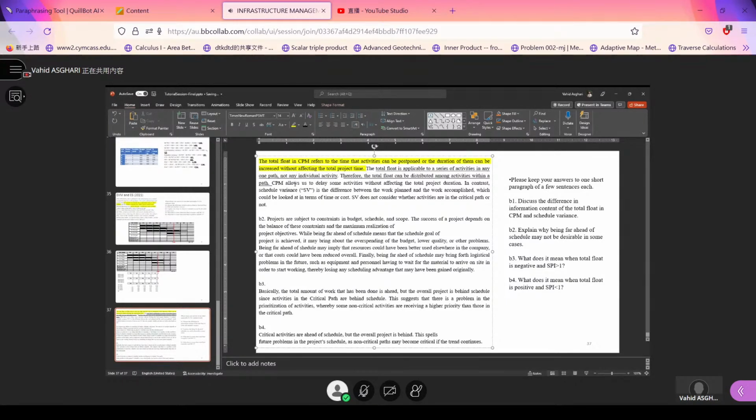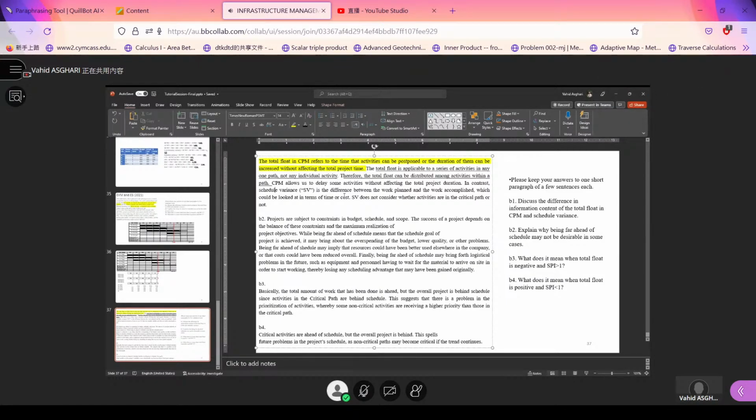CPM allows us to delay some activities without affecting the total project duration. In contrast, a schedule variance is the difference between the work planned and the work accomplished, which could be looked at in terms of time or cost. SV does not consider whether activities are in the critical path or not.